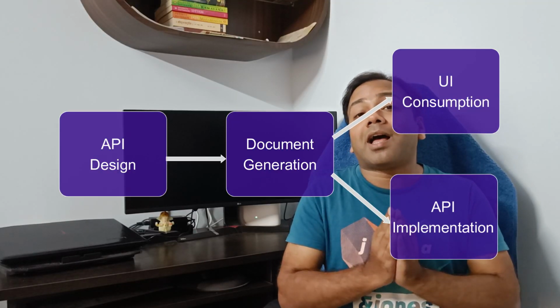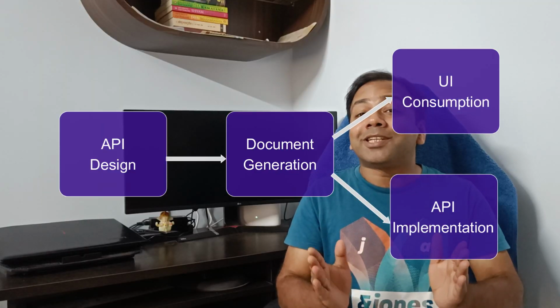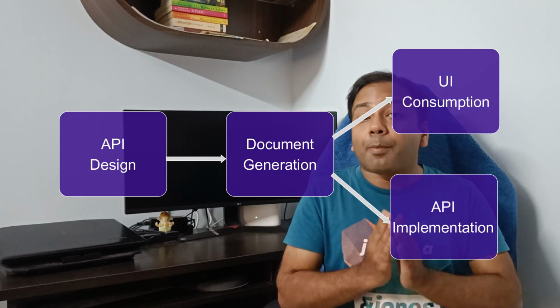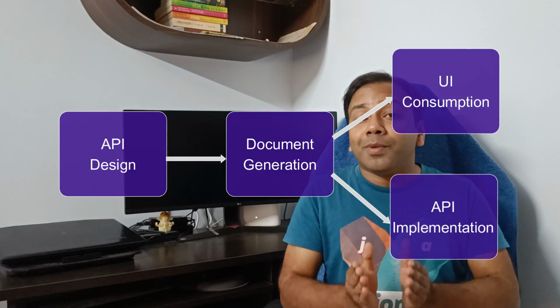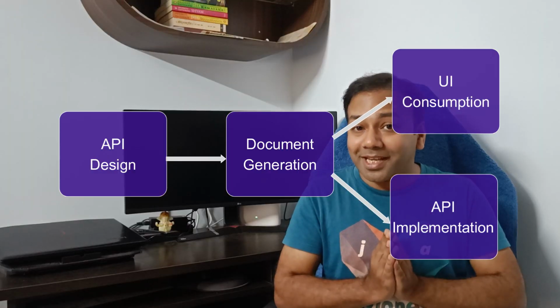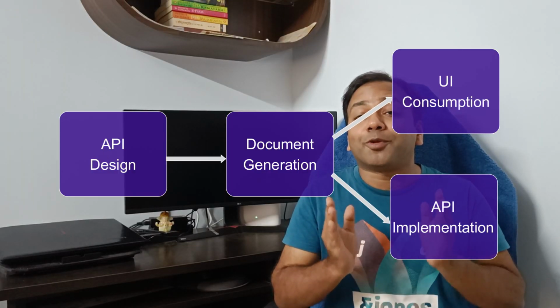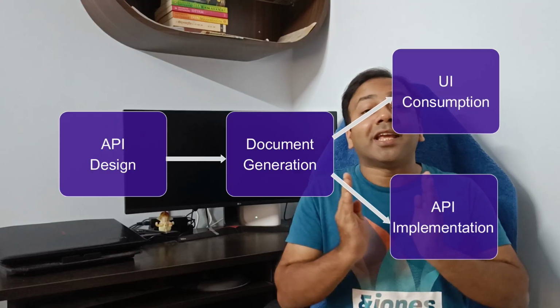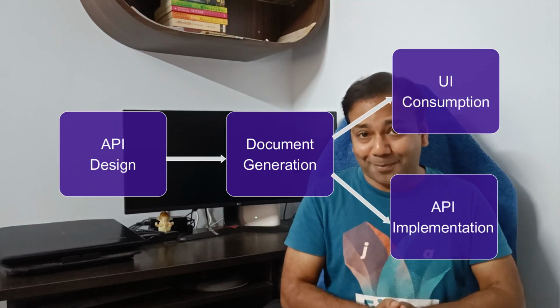So here the advantage is all the teams can optimize their productivity by consuming the API early in the phase of your SDLC lifecycle. That is the best part of your API specification using design first approach.